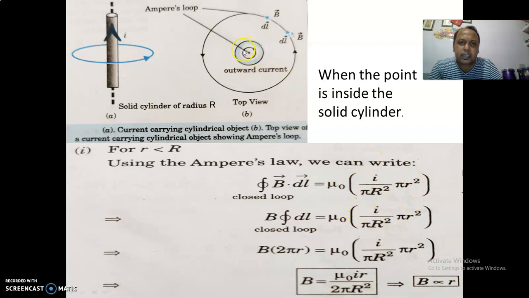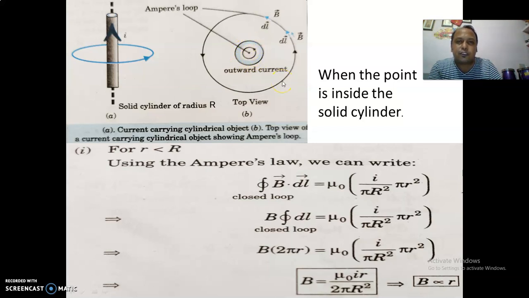Now you can see here the loop has a radius smaller than the actual radius of the cylinder. So the total current which comes out through the cross section of the cylinder is I, but through this Amperian loop it will be less than I. So we need to find the value of that current which threads through this Amperian surface.